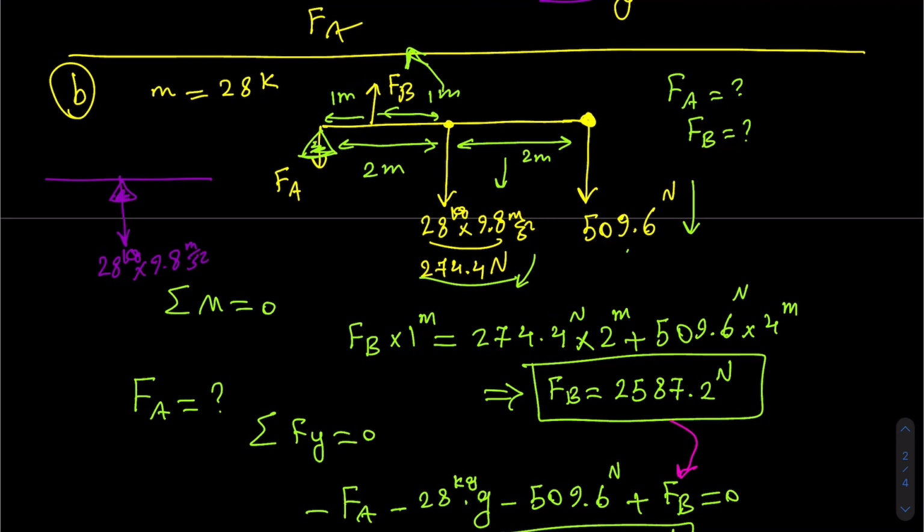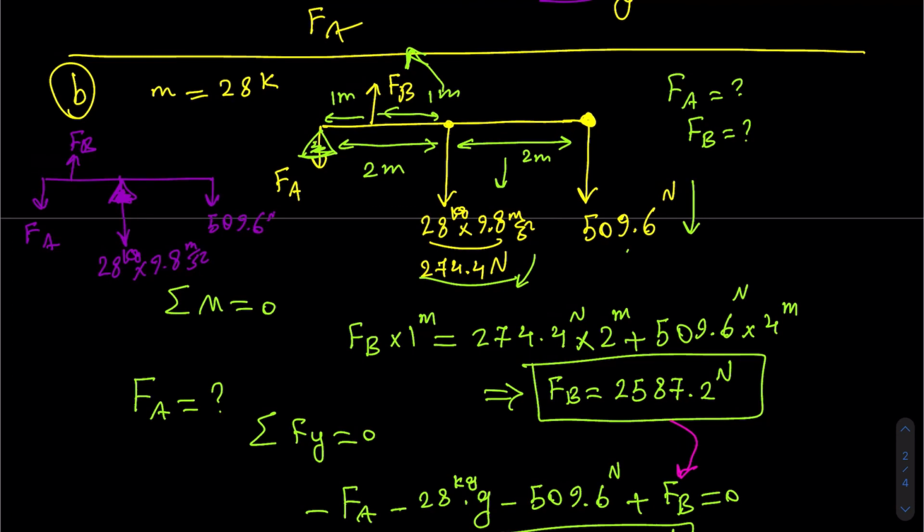And then we have FA, we have FB, and then we have the weight of the person or diver, 509.6 Newton, and we have the distances to the fulcrum.